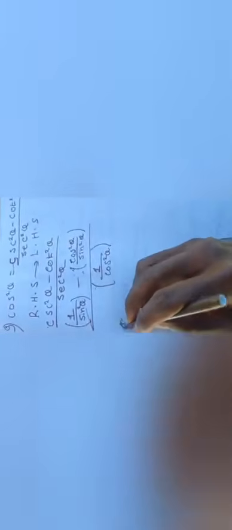Cot is the opposite of tan, for you who don't know. Then what is sec power 2 theta? It is the same as 1 over cos power 2 theta. Now how do we simplify this? The way that you're going to simplify this is make the numerator a single fraction, then divide by this. So let's make the numerator a single fraction.